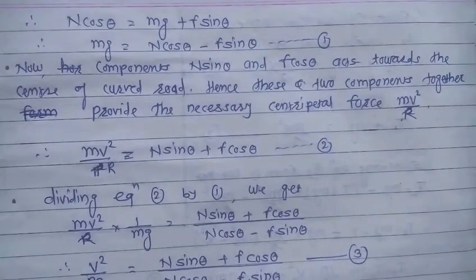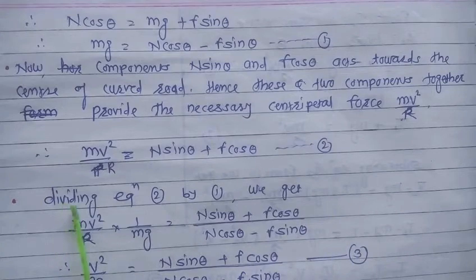Therefore these two components together provide the necessary centripetal force mv square upon r, and hence we can write mv square upon r equal to N sin theta plus F cos theta, called as equation number 2.